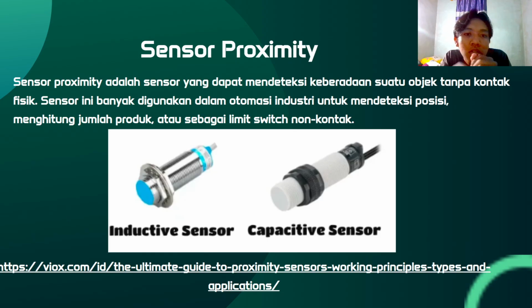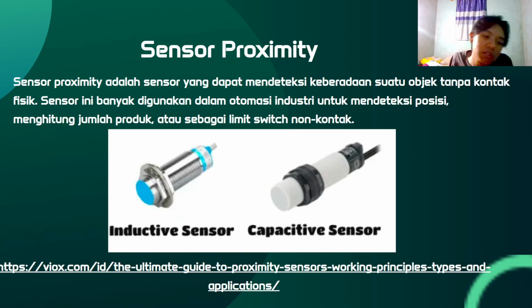A proximity sensor is a sensor which can detect an object without physical contact, and it is very commonly used in the automation industry for detecting the position of a product and as a non-contact limit switch.